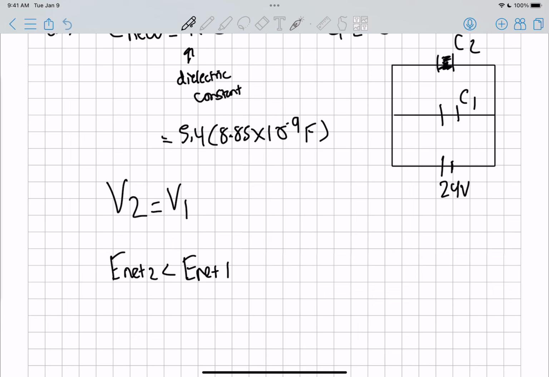So you'll have an electric field due to the charged plates of the capacitor, and you place a dielectric in between, it'll oppose that electric field and reduce that electric field. So E2 should be less than E1, from what I'm understanding here.